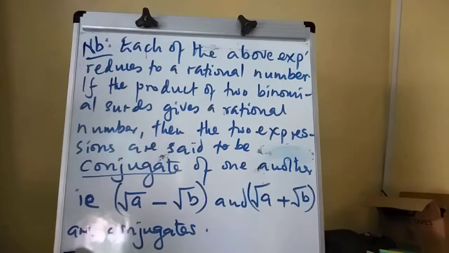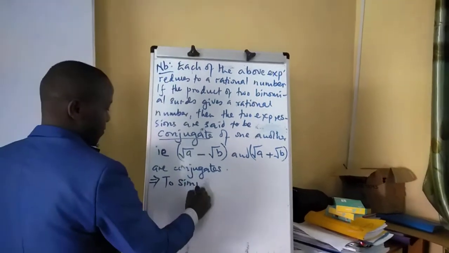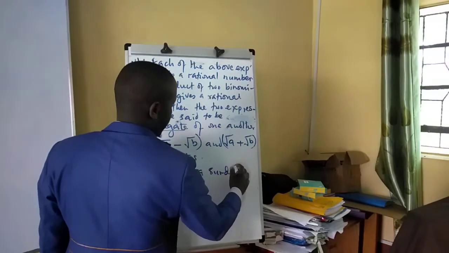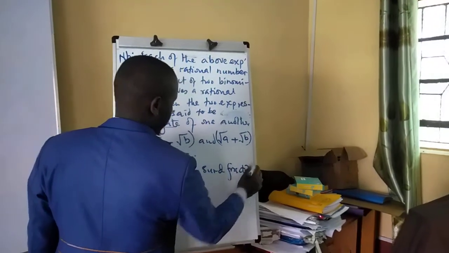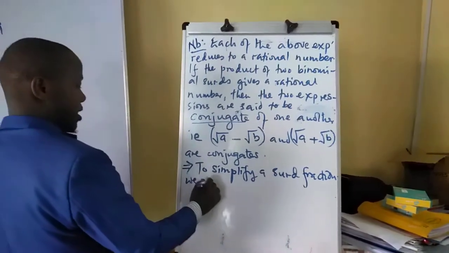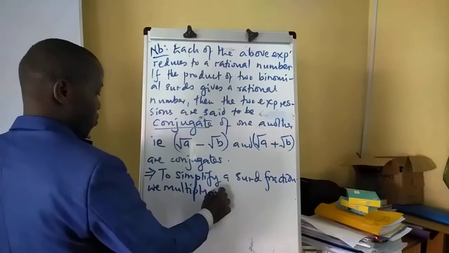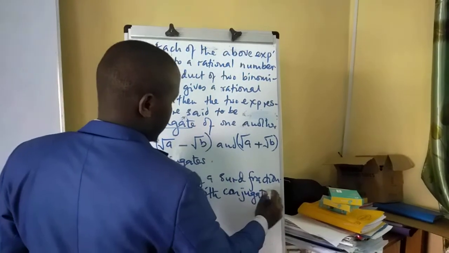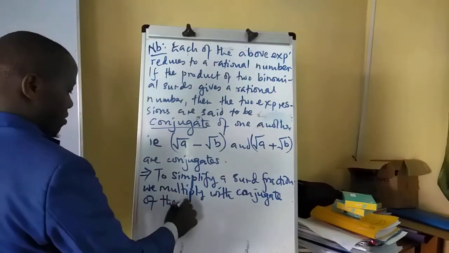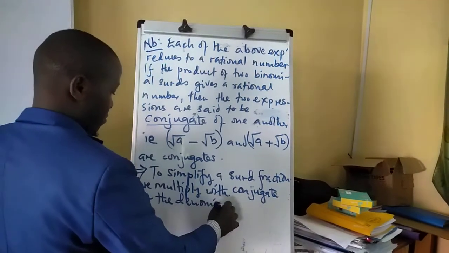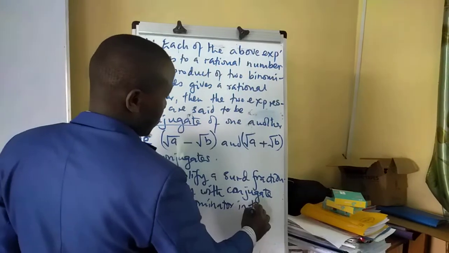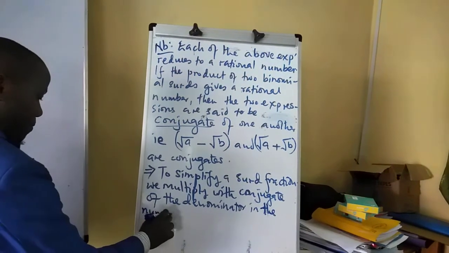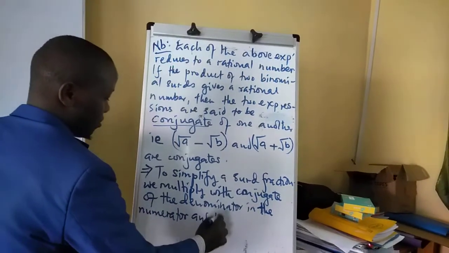Therefore, now we can say, to simplify a surd fraction, we multiply with the conjugate of the denominator, in the numerator and the denominator.